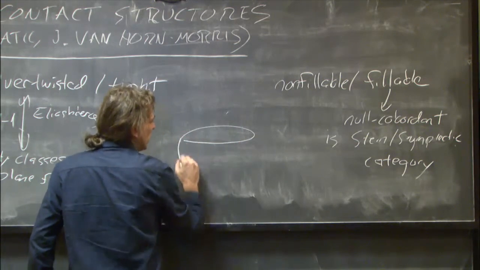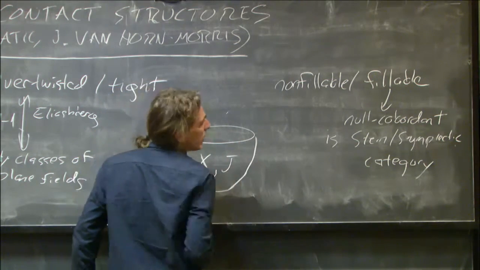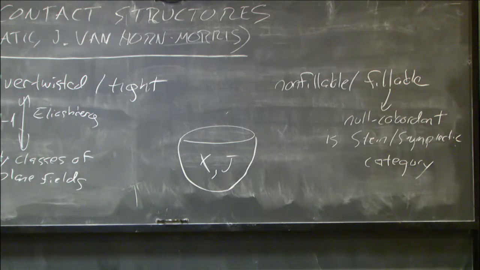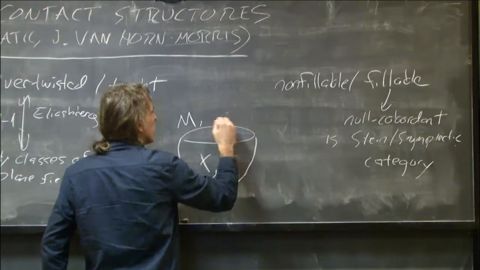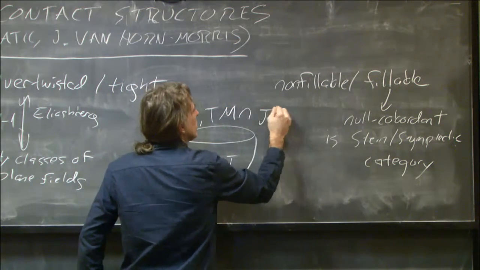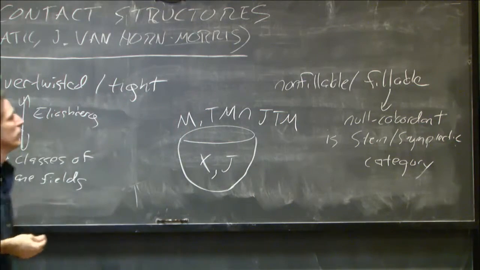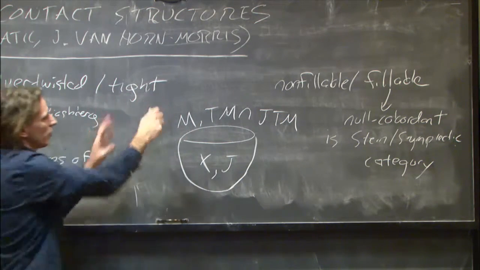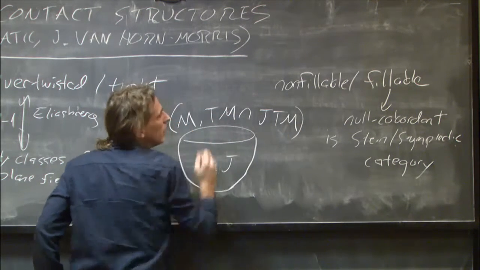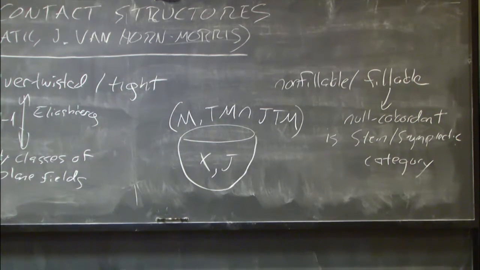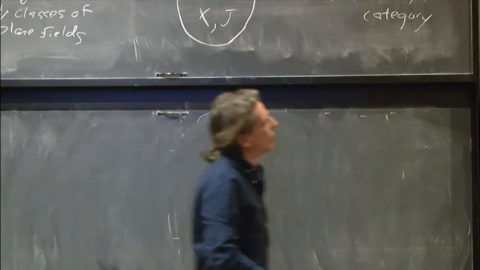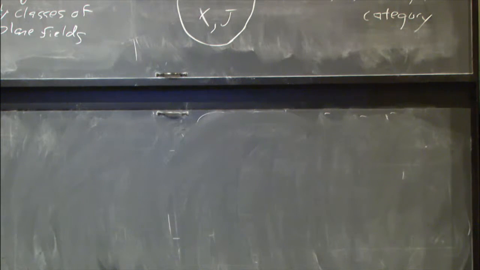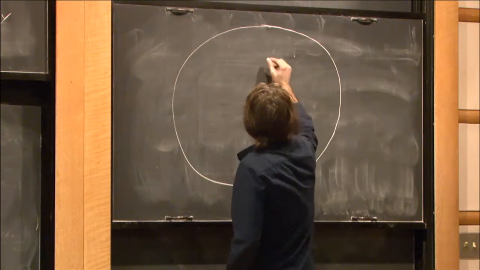So you now have some four-manifold, and Stein symplectic manifolds in particular have almost complex structures. And on the boundary, we have some manifold M, and we can look at the complex tangencies. And so if your manifold is contactomorphic to such a thing, where this is the contact structure, then you are fillable. And so work of Gromov and Eliashberg tells us that fillable structures are tight, but then there are a lot of structures which sort of fall in the middle.